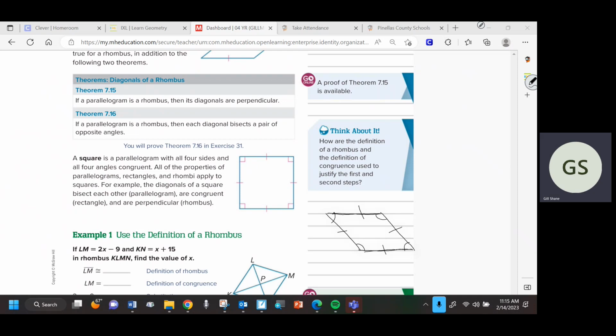What else is true of all parallelograms besides opposite sides, opposite angles being congruent? What was the other big one that we used? Opposite sides, what? Well, yeah, opposite sides are congruent, but what's the other one, the one that I said is the tricky one for all parallelograms? They are symmetrical, but that wasn't a specific stated theorem.